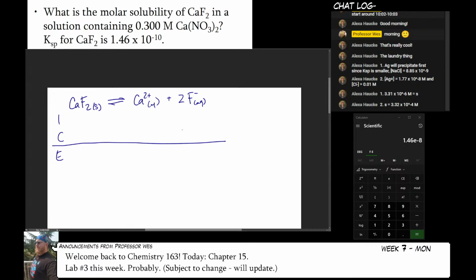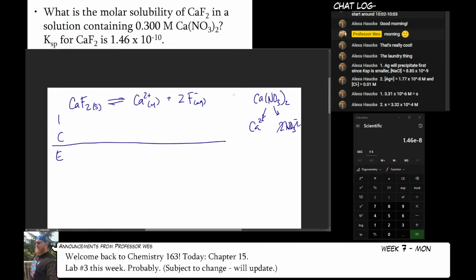All right, so we've got 0.3 molar calcium. So that means that if this is what we've added in here, then it's going to dissociate into calcium and nitrate. Now, this one we don't really care about because it doesn't match any of the ions that we have.